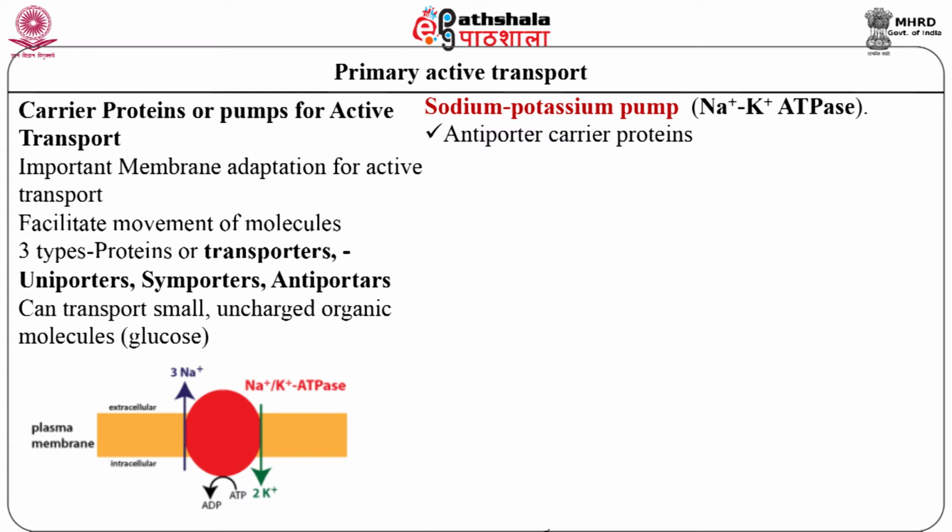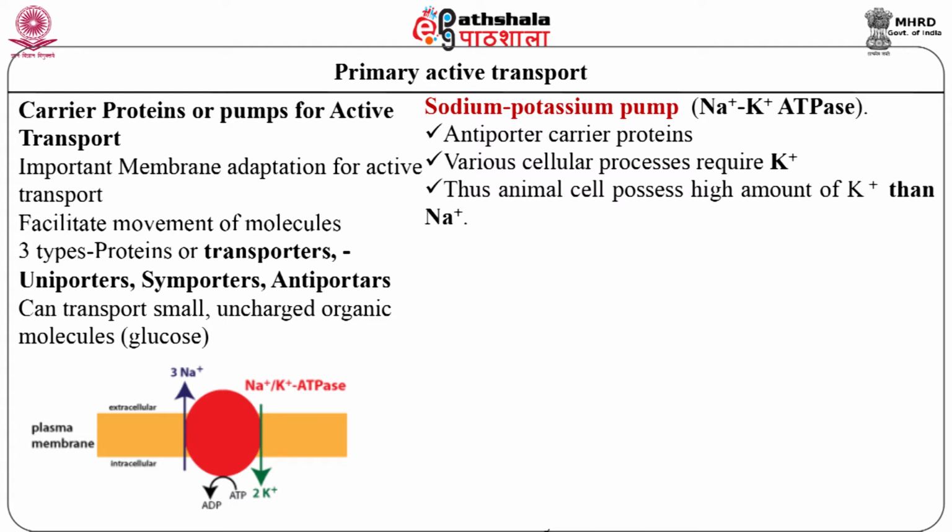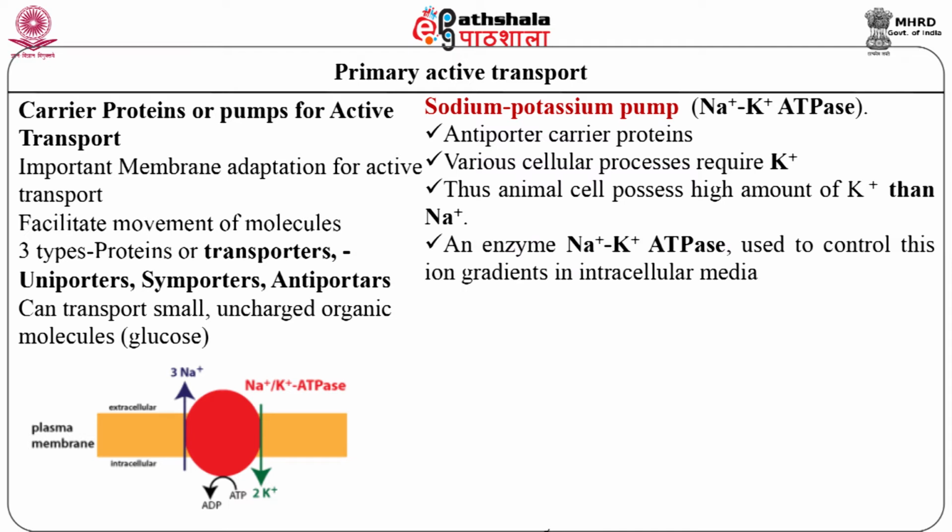Sodium potassium pump, that is Na+ K+ ATPases. These help in maintaining the concentration by generating the necessary ion gradient. These are antiporter carrier proteins. As various cellular processes require K+ ions, animal cells possess a higher amount of K+ than Na+. The enzyme Na+ K+ ATPase is used to control these ion gradients in intracellular media.